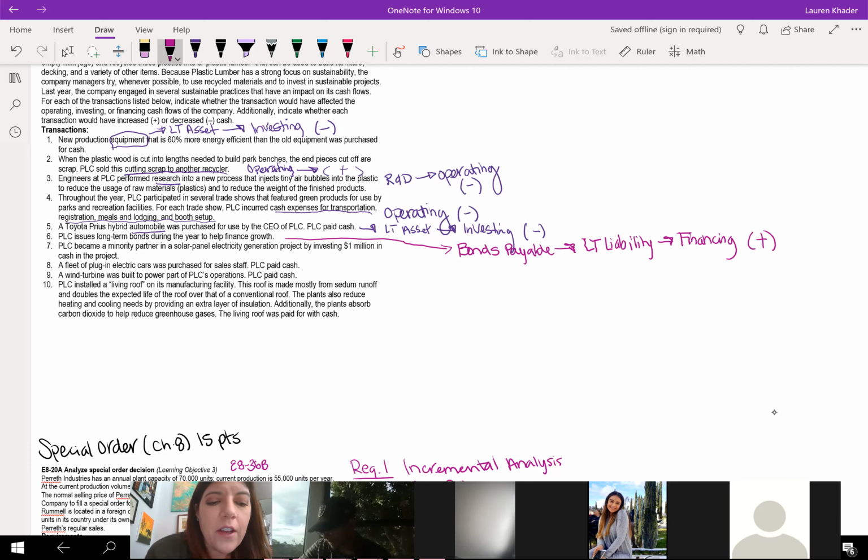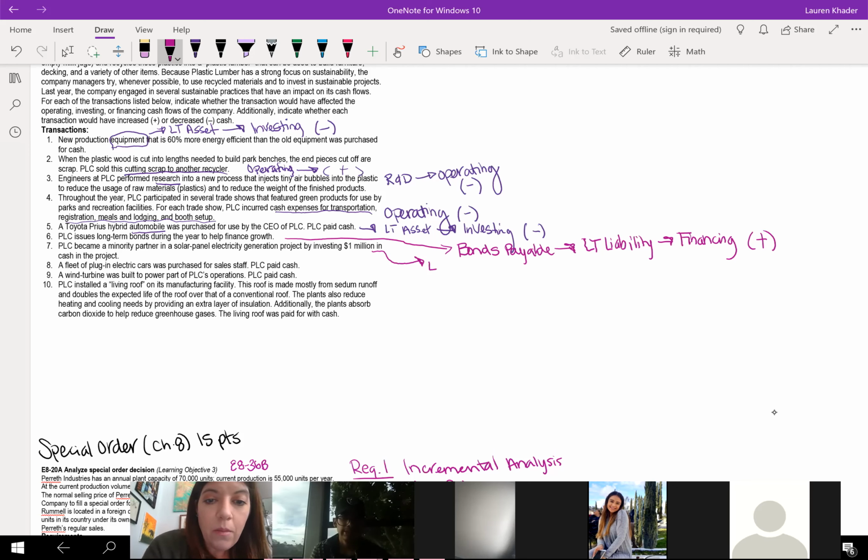For number 7, PLC became a minority partner in a solar panel electricity generation project by investing $1 million in cash in the project. So this would be an investment.